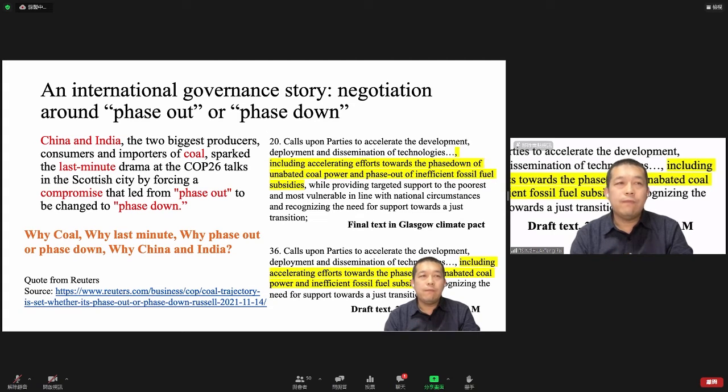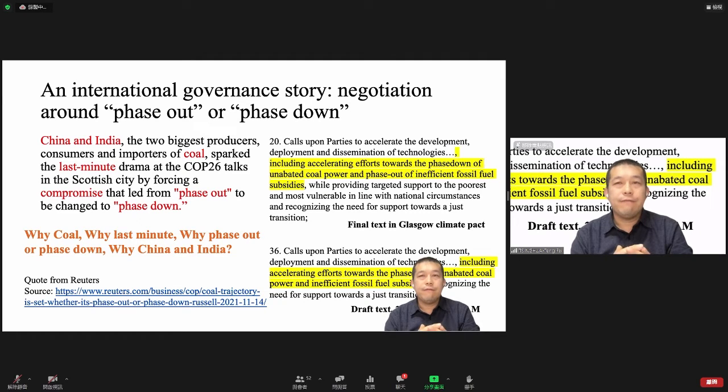I quote one from Reuters, which said China and India, the two biggest producers, consumers, and importers of coal, sparked last-minute drama at the COP26 talks in the Scottish city by forcing a compromise that changed phase out to phase down.